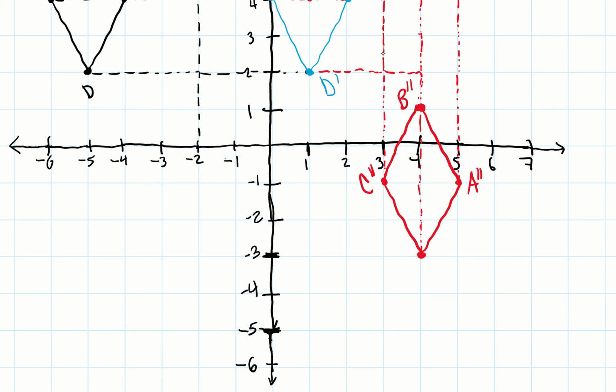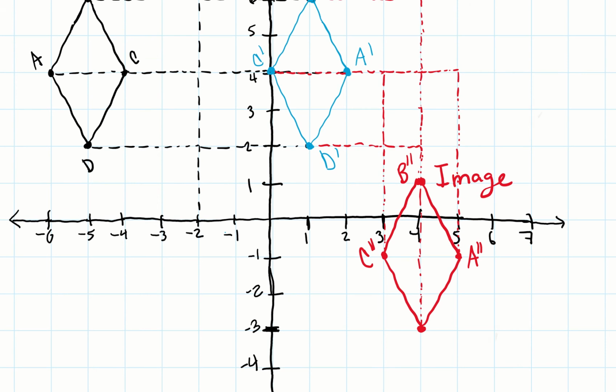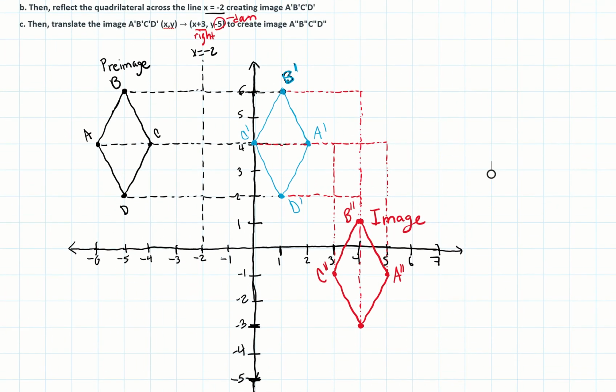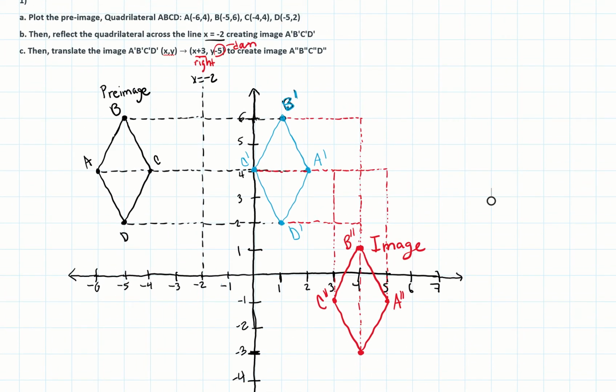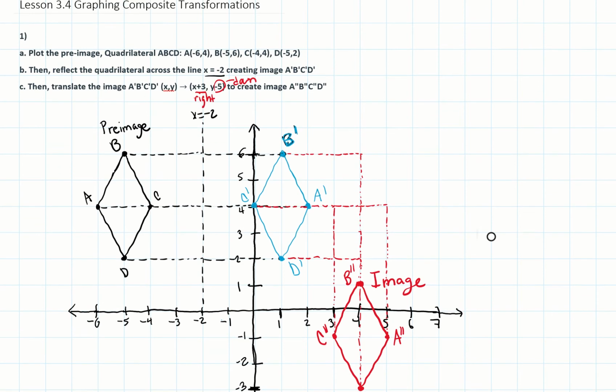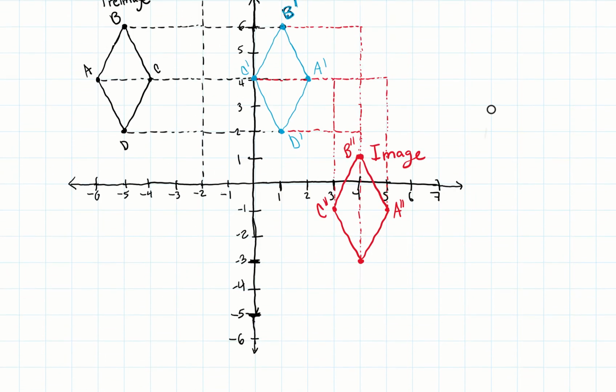Okay, and this right here is my image. All right, so we have a reflection and then we have a translation according to the rule. Now let's look at the second problem.